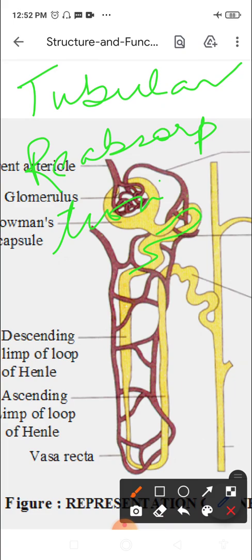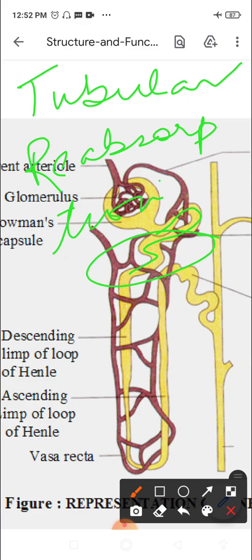What are the blood capillaries that are found near the proximal convoluted tubule? It is these blood capillaries which are known as the peritubular network of blood capillaries. So, what happens here? Absorption of selected material takes place from the filtrate into the blood capillaries or even the vasa recta, right. So, there may be many useful things that have been filtered which are required by the body, and that becomes a part of the glomerular filtrate.